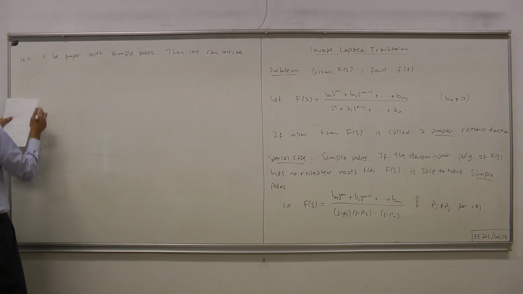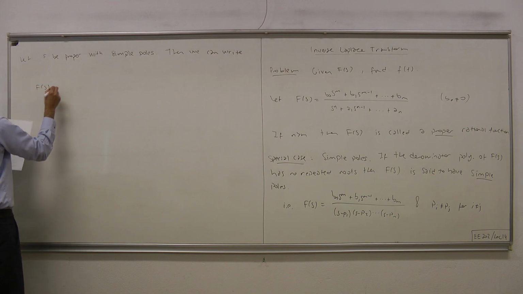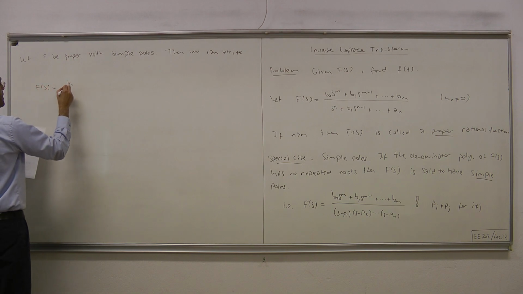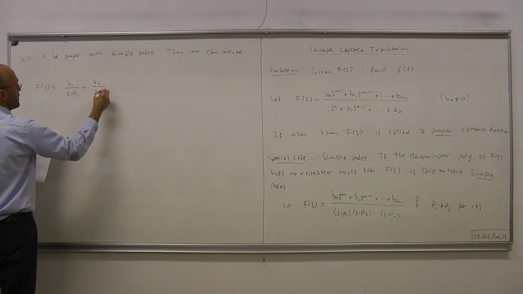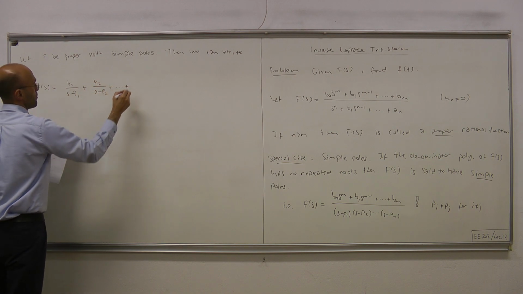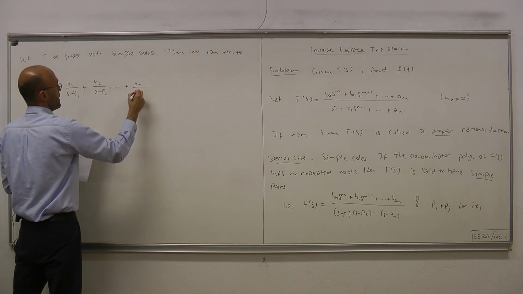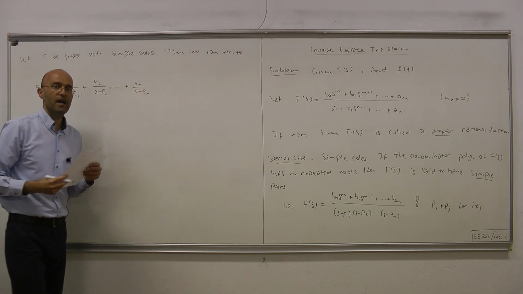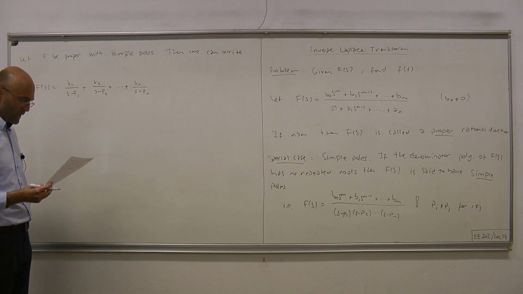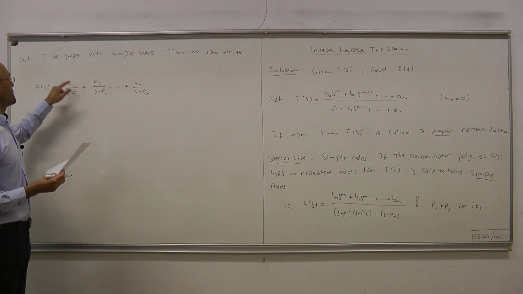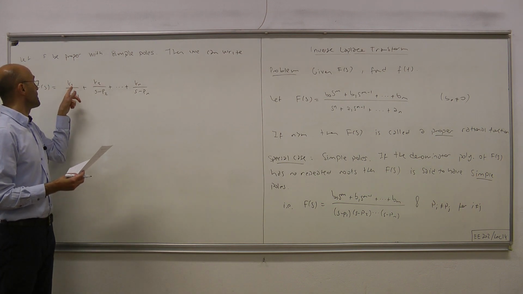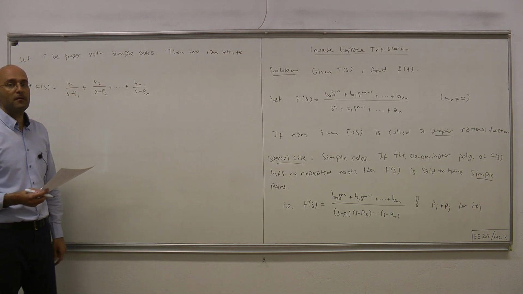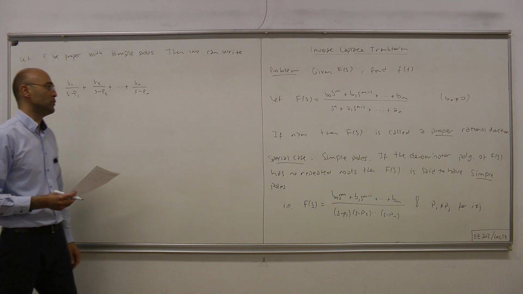So F(s) equals k1/(s - p1) + k2/(s - p2) + ... + kn/(s - pn). Now these scalars, possibly complex, that appear in the numerators are called residues.